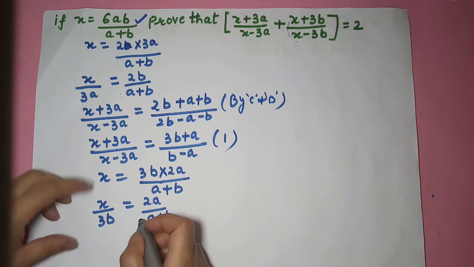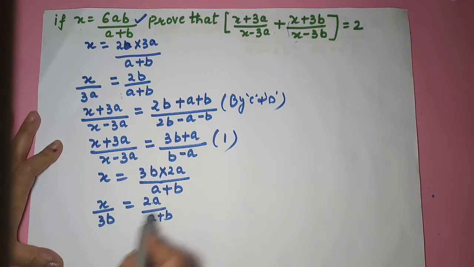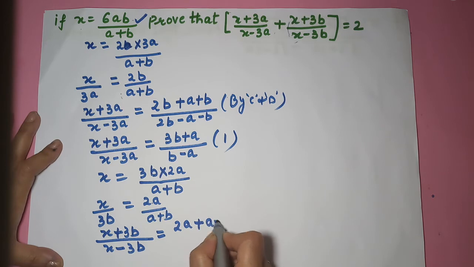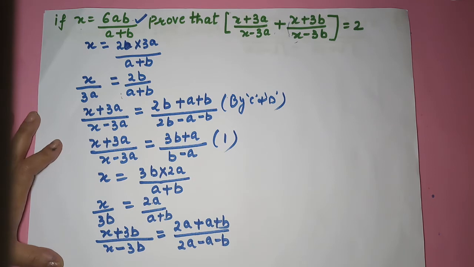Now, I will again use the componendo and dividendo here. What will I get? x, numerator plus denominator upon numerator minus denominator. Right hand side also, numerator plus denominator upon numerator minus denominator, minus a minus b.